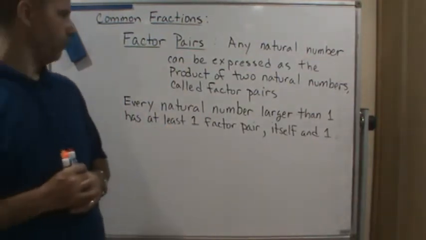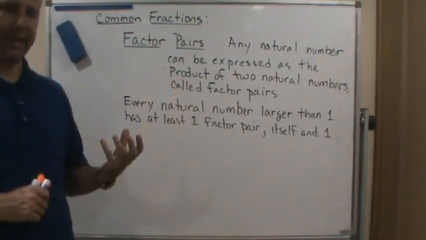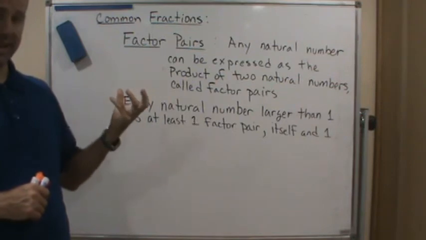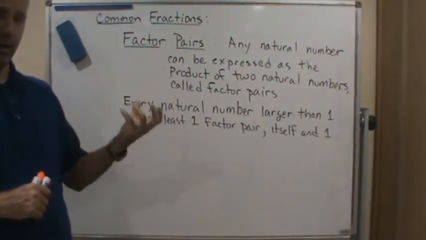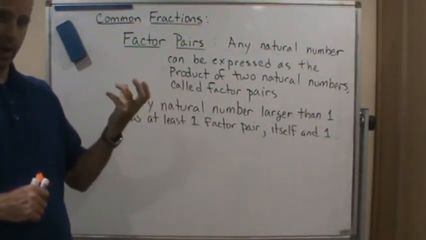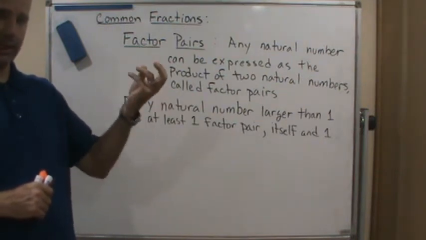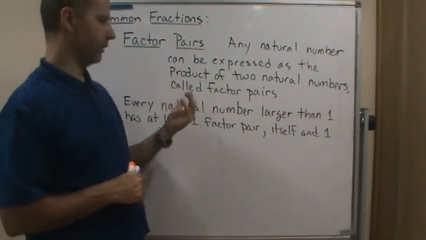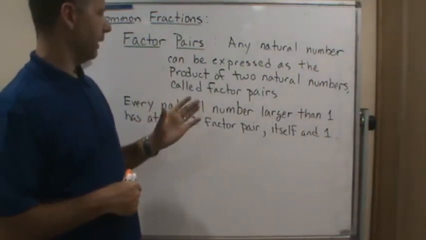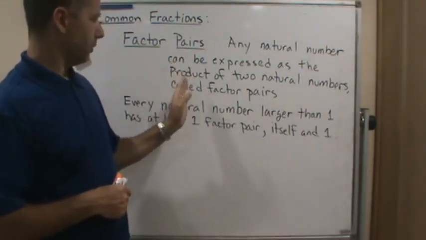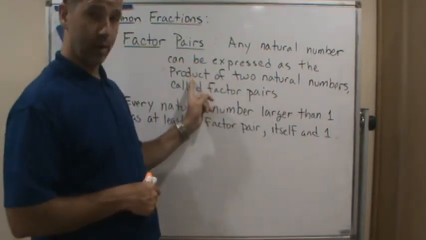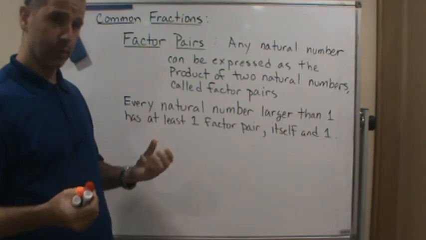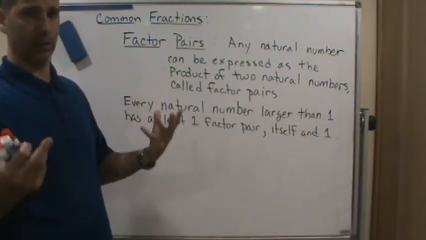So the way I express it here is, if you take any natural number, you can express that natural number as a pair of factors, other numbers that when you take the product of those two numbers give you the original number. It's a little verbose, but any natural number can be expressed as the product of two other natural numbers. Those two other natural numbers together we're going to call a factor pair.